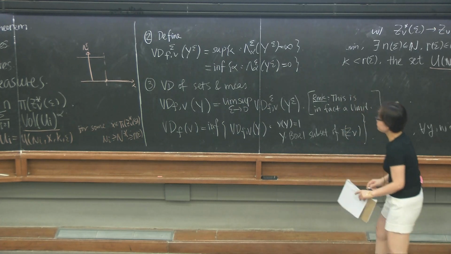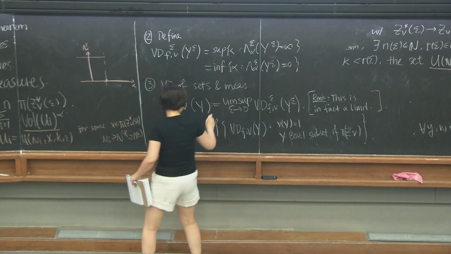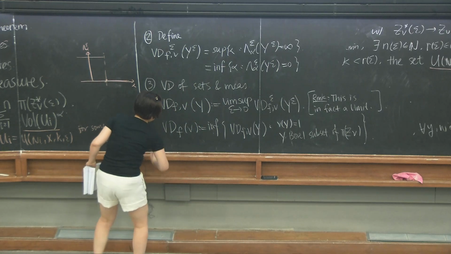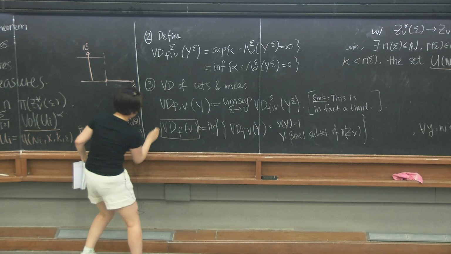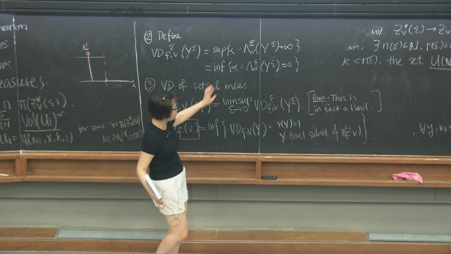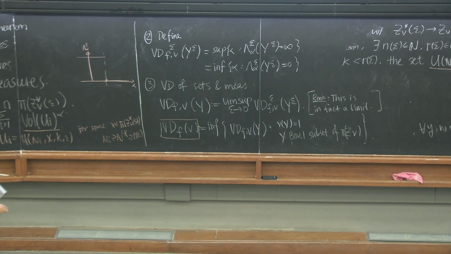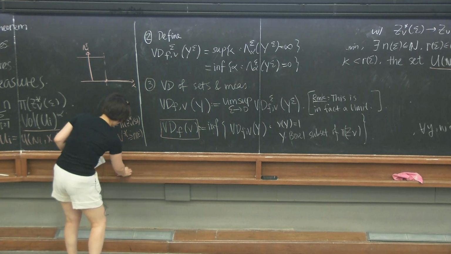Okay, so this is the definition that we want. And this is the quantity that appeared in the theorem, right? So we said the volume dimension of nu should equal entropy over 2 times Lyapunov exponents. Right, so this is the definition.